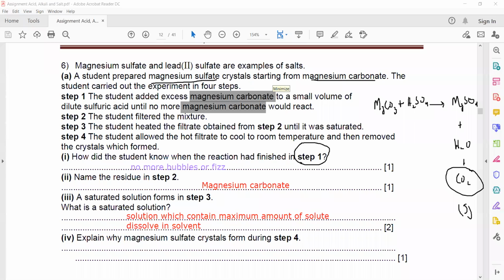So ions form a compound. Basically, it's not a chemical reaction, it's a physical change. Why are the crystals formed? The solubility decreases when the temperature decreases.